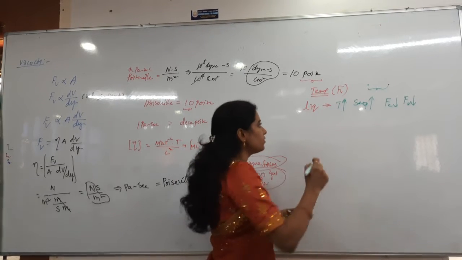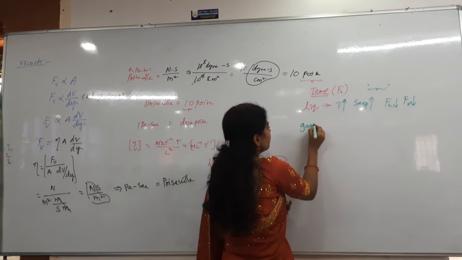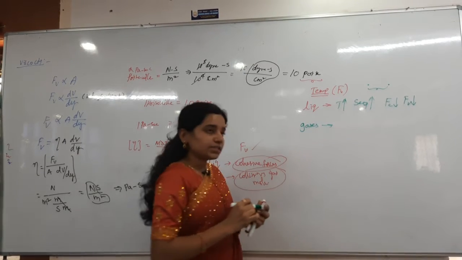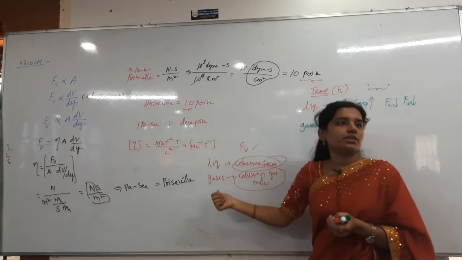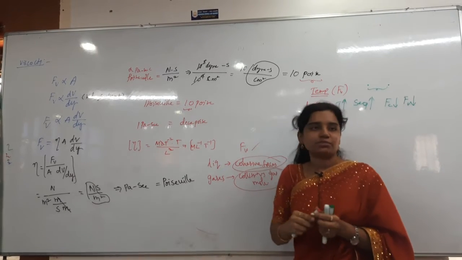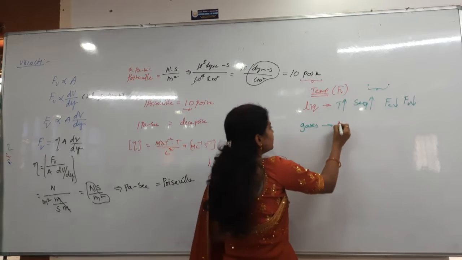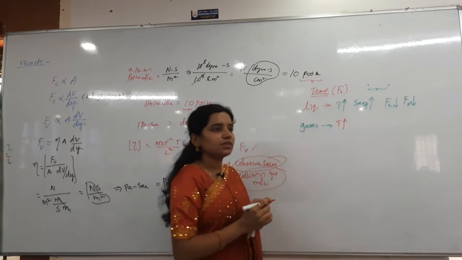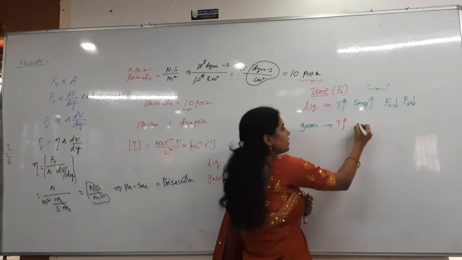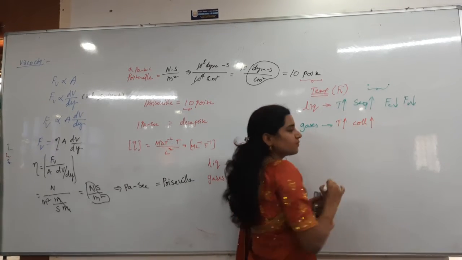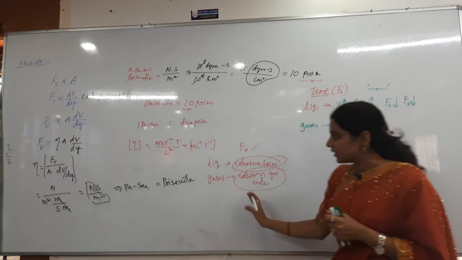Now, when you come to the case of gases, in gases the viscous force is due to which one? Due to the collisions between the gas molecules. Now, whenever I raise the temperature, what happens? Collisions increase, the number of collisions will increase. If collisions are increasing, who is increasing here?